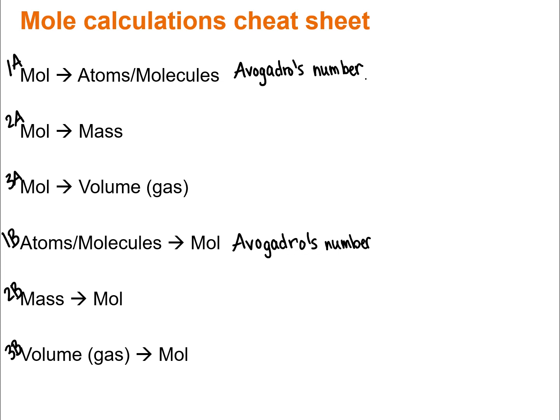In the first case, where you're trying to go from moles to the number of atoms, you're going to put Avogadro's number at the top. If you're trying to go from atoms or molecules to moles, you're going to reverse that. You're going to flip it upside down.